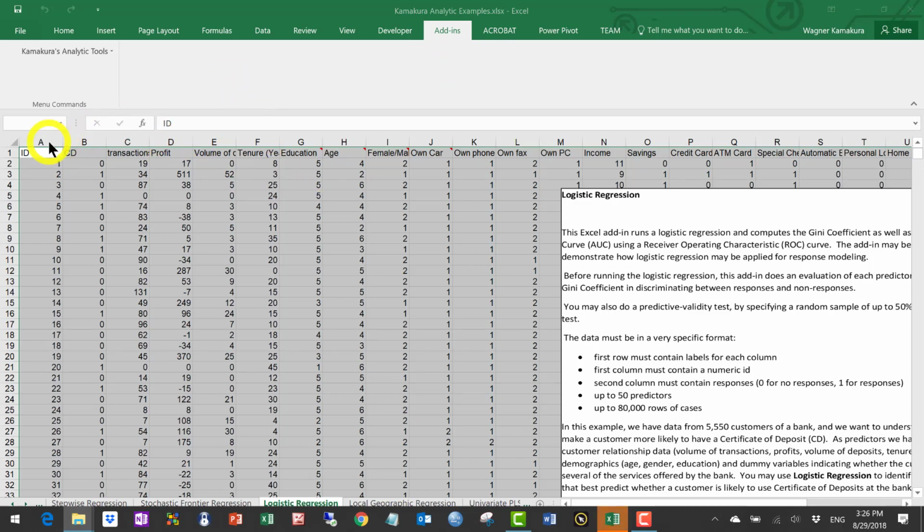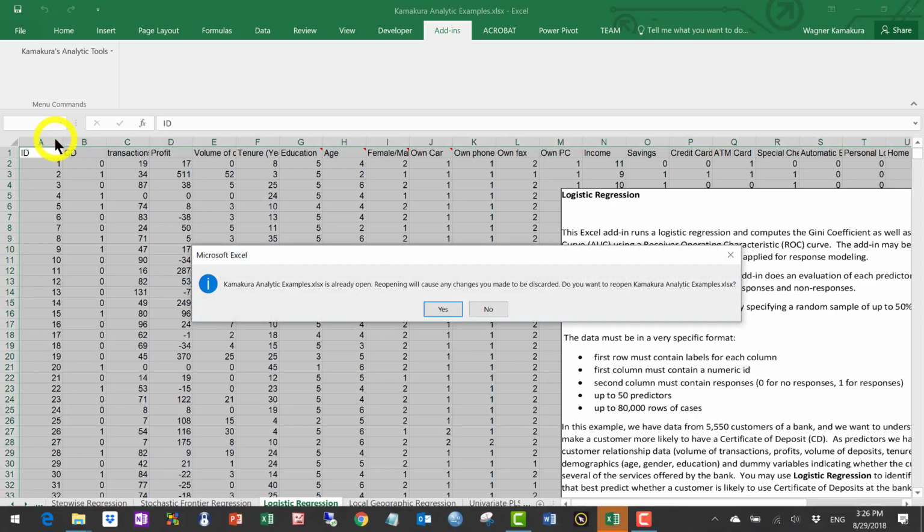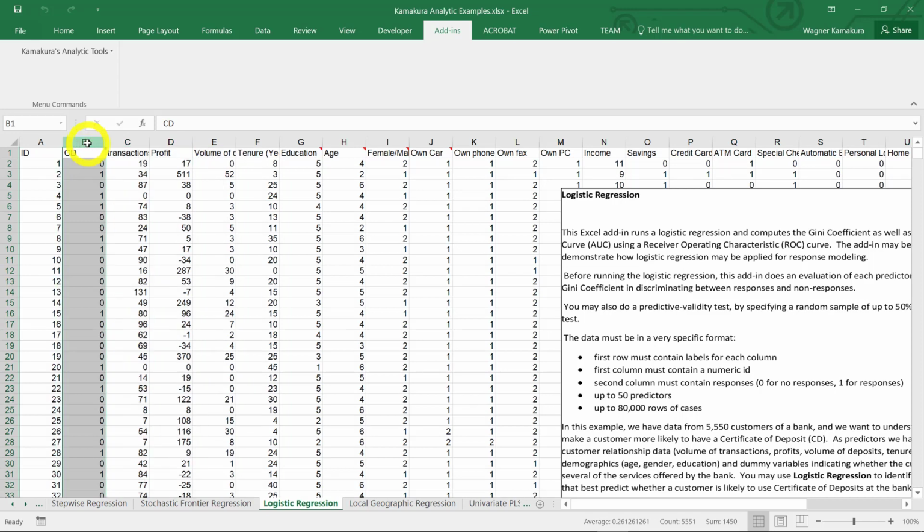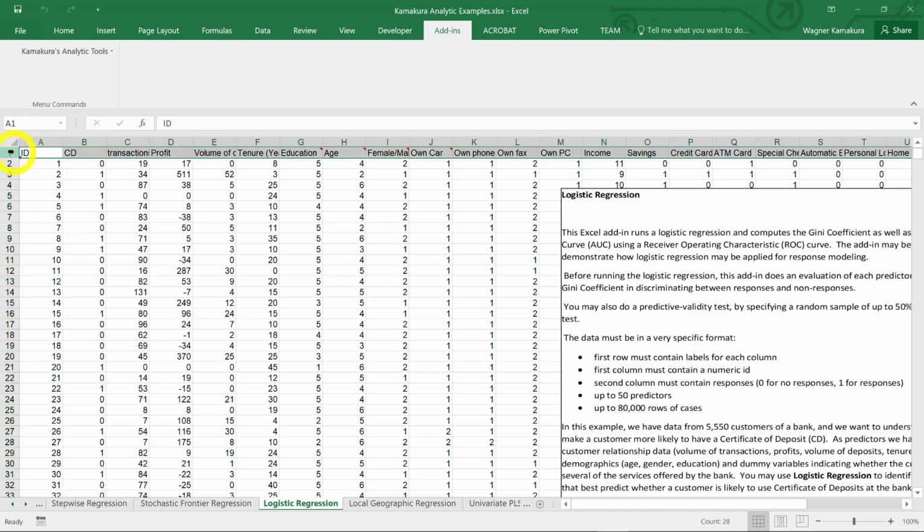The first column should have an ID for each observation. The second column should have the dependent variable coded as 0 for no, 1 for yes. Every other column should contain the predictors. And the first row should have labels for each one of the columns. As long as your data has a simple format, running it is straightforward.